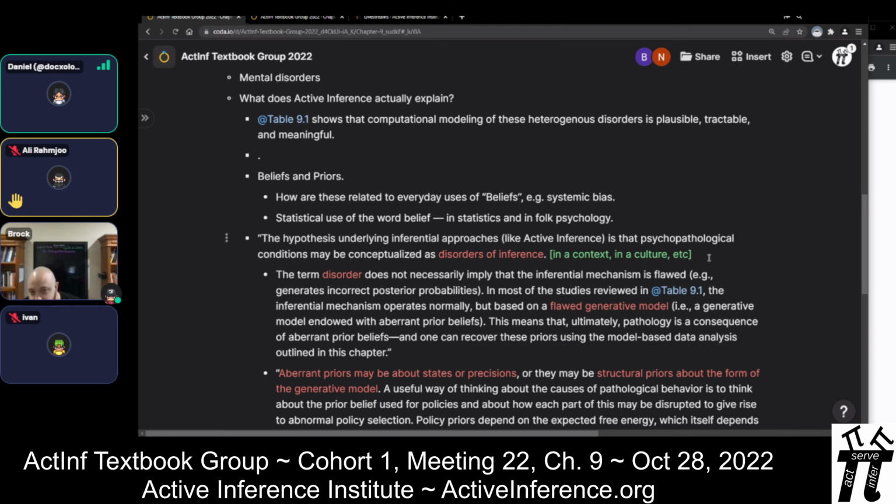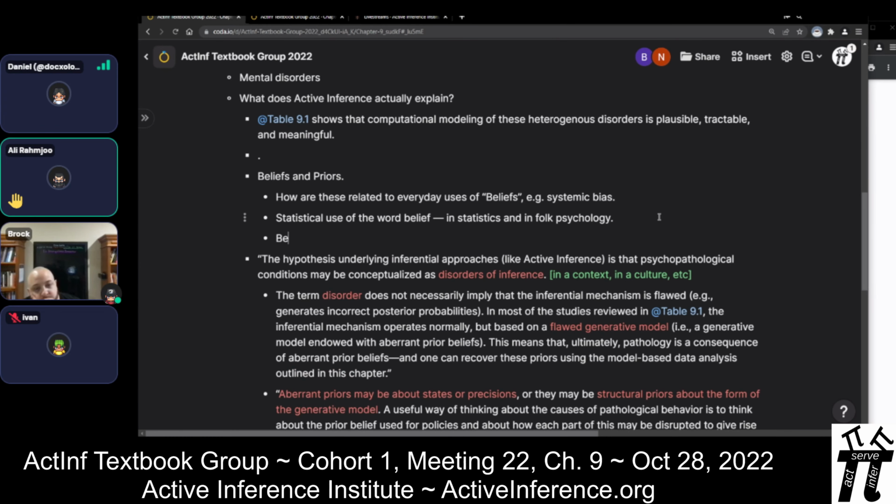I have a thought, but Ali, if you want to make a response, please. I think that this term belief and its different meanings in different contexts sort of bleed into each other, and cannot possibly be separated cleanly.